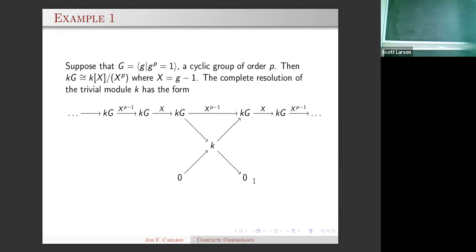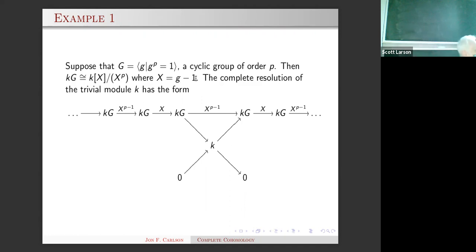And the thing about capital X is, if I take it to the pth power, well, remember you're in a field of characteristic p, so the pth power binomial coefficients all vanish, except at the ends. So if I take X and I raise it to the pth power, I get g to the pth power minus 1 to the pth power.